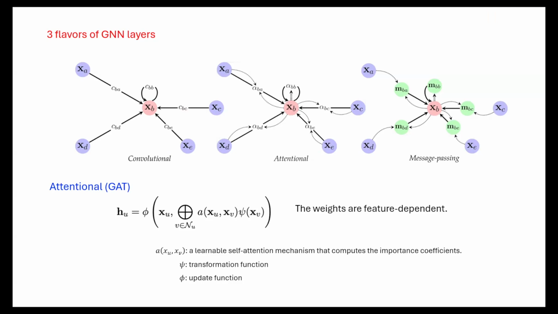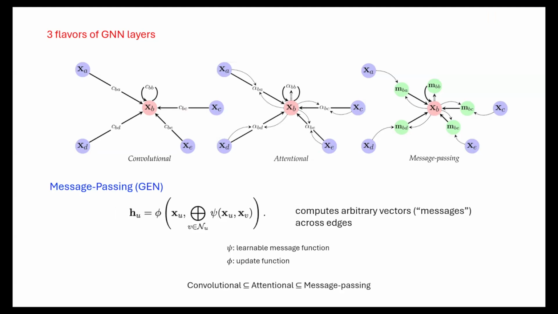Then the third, the last one, is called the message passing mechanism. There are several architectures in the literature, but we will use the graph embedding network, simply GEM, in this talk. This message passing algorithm is designed to communicate with all neighborhoods.